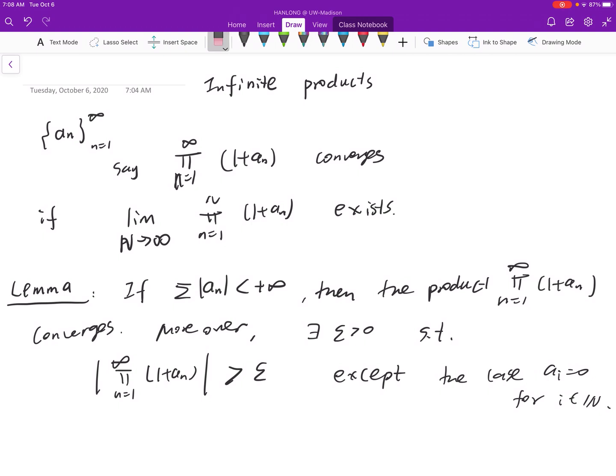Of course, here the epsilon depends on the sequence an.